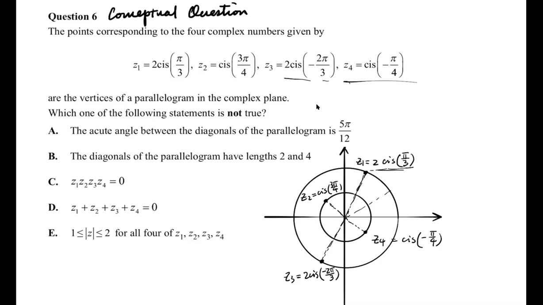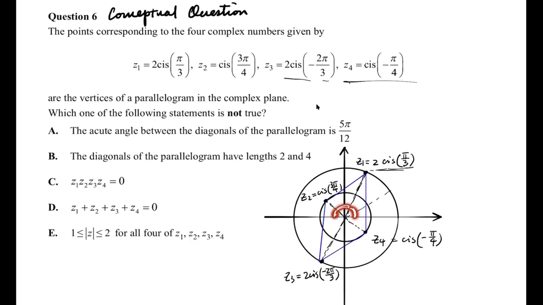Z4 equals cis minus pi on 4. Right. The first option, the acute angle between the diagonals of the parallelogram. What is our parallelogram here? It's this guy here. Obviously, I'd say, okay, this angle here is 60 degrees. This is 45 degrees.